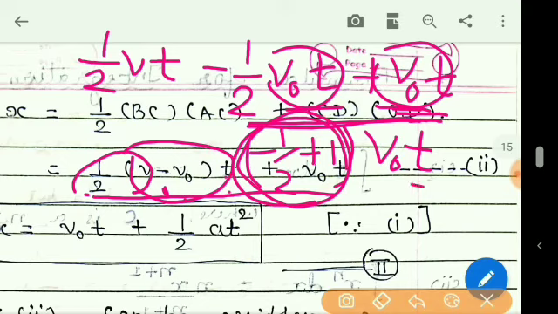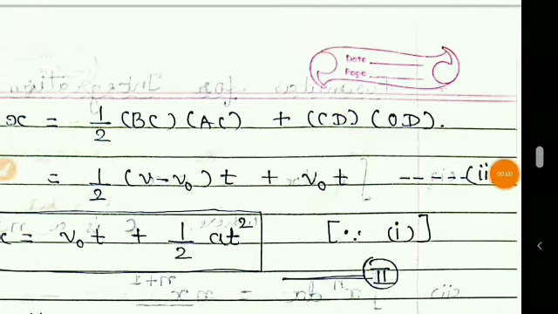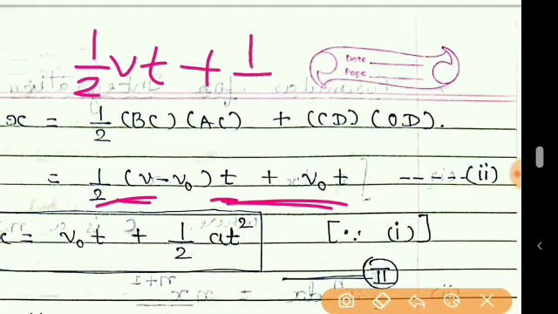So 1 by 2 v naught t, that is half v naught t. So students, what remained for this? Half vt was there, and after that simplification we got one more half v naught t.